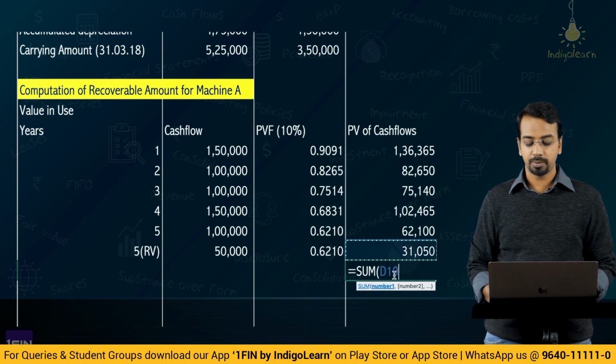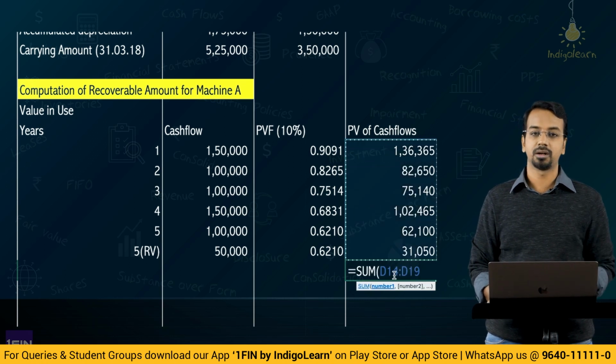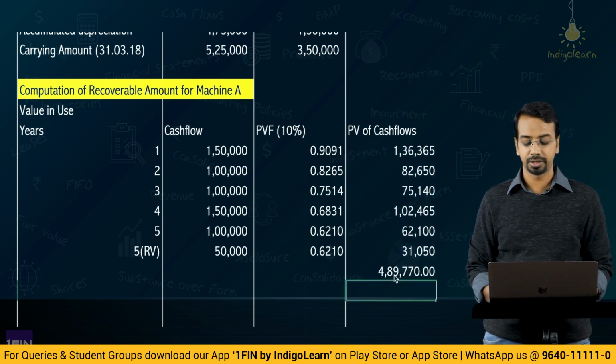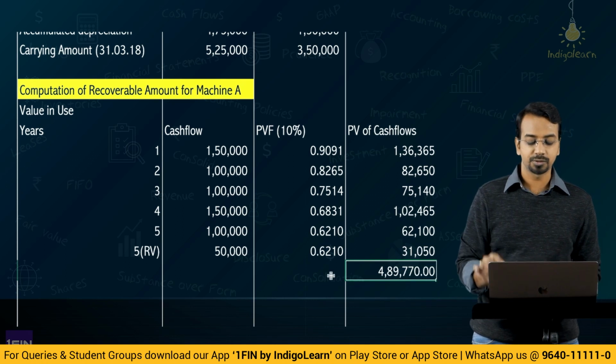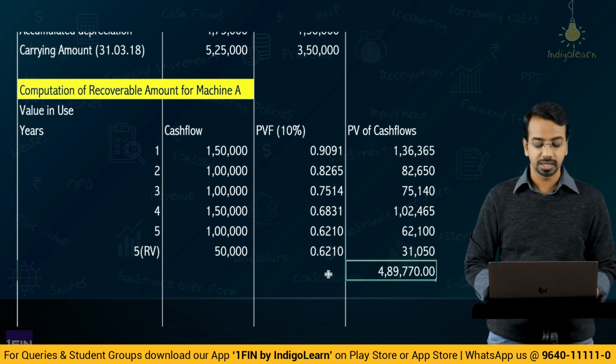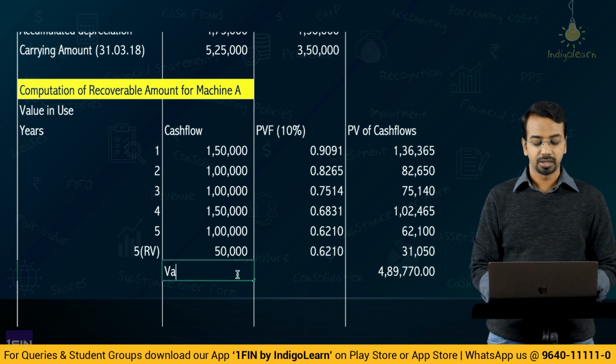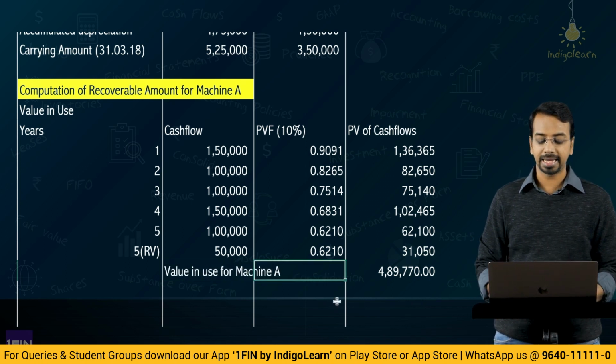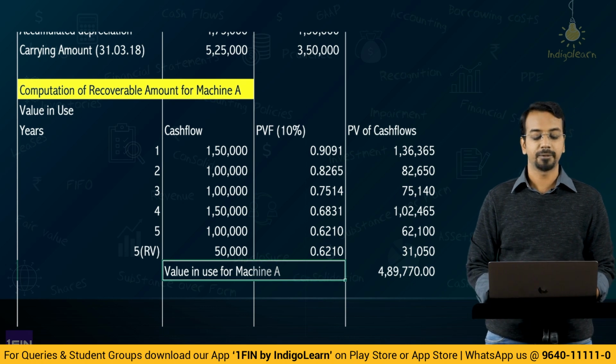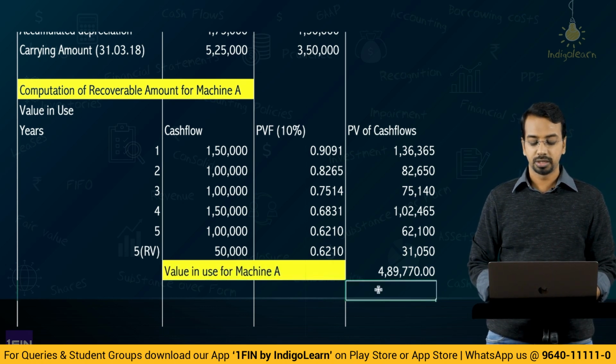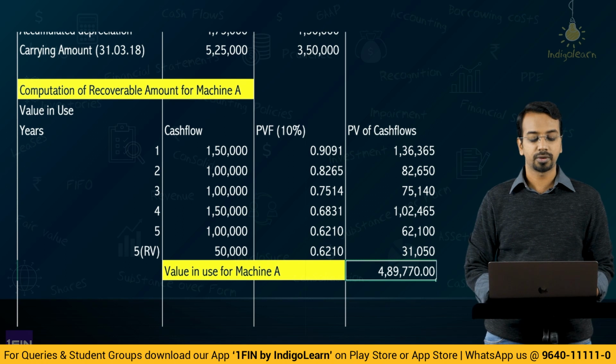You press memory recall MR on your calculator, you get 4,89,770. Now, what is this? This is value in use. So, value in use for machine A is 4,89,770, right?